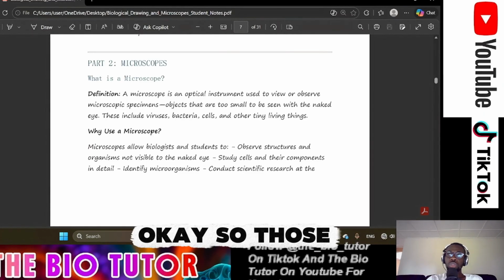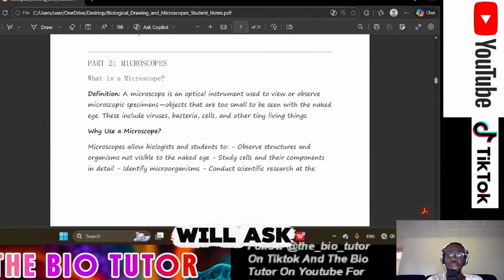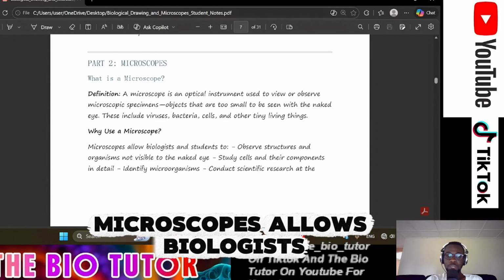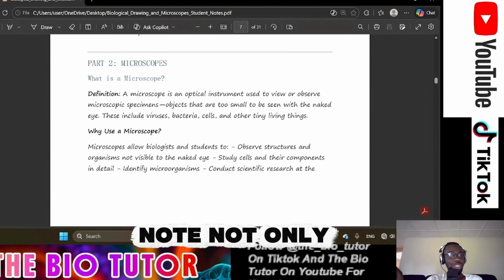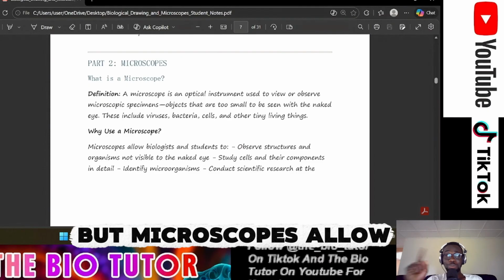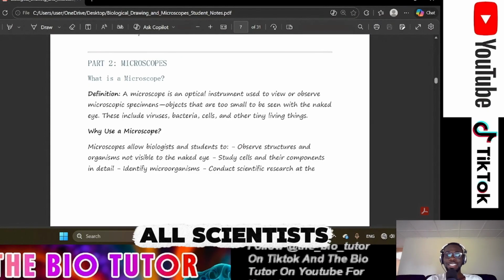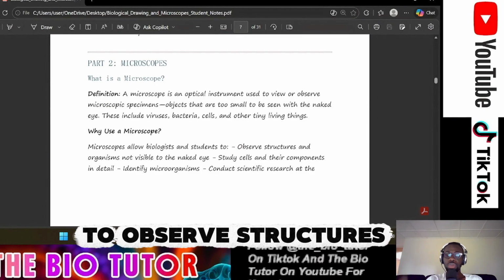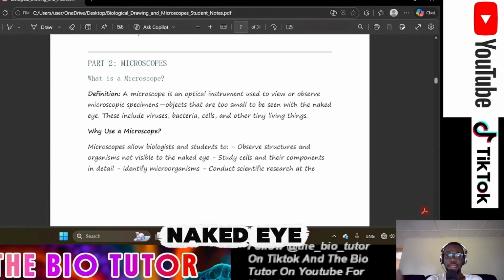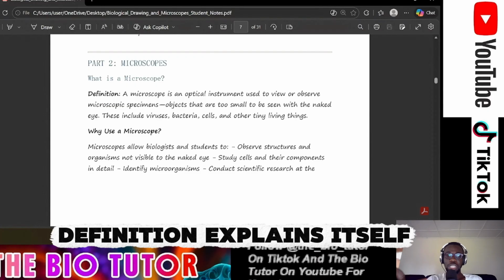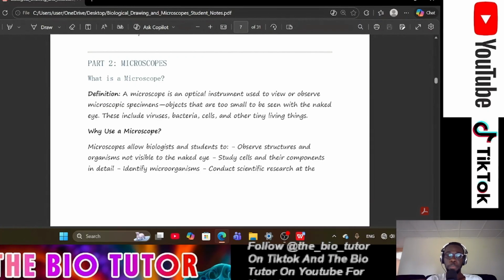Okay, so those doubting this instrument will ask, why do we use a microscope? Microscopes allow biologists and students, note, not only biologists and students, but all scientists, to observe structures and organisms not visible to the naked eye, like the definition explains itself.